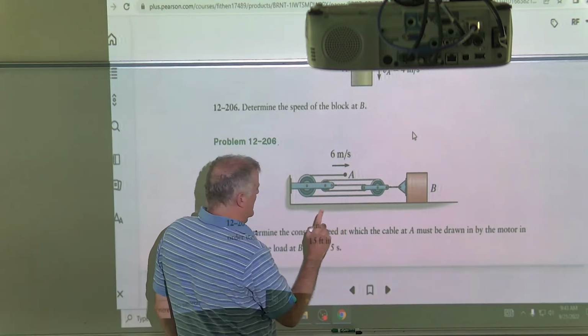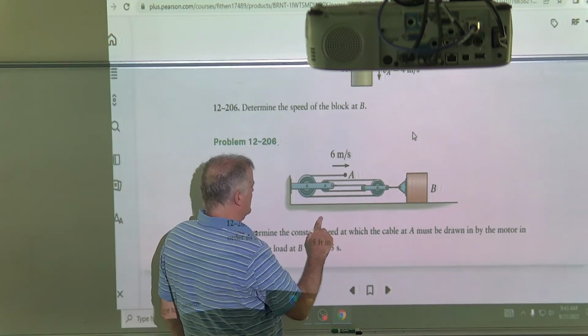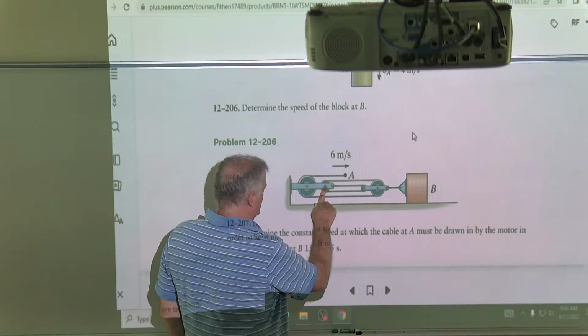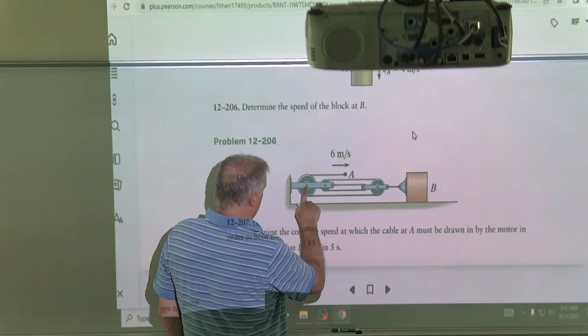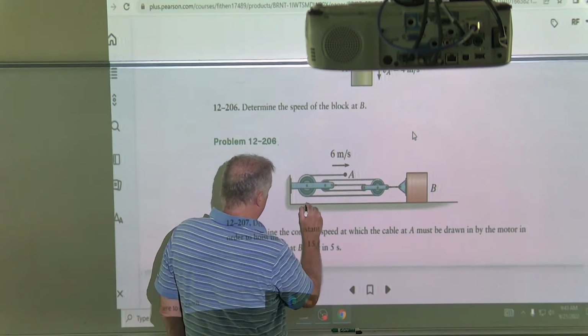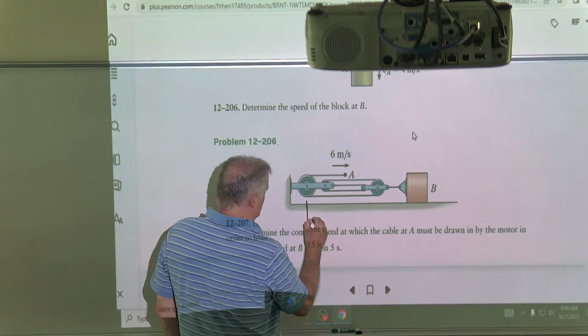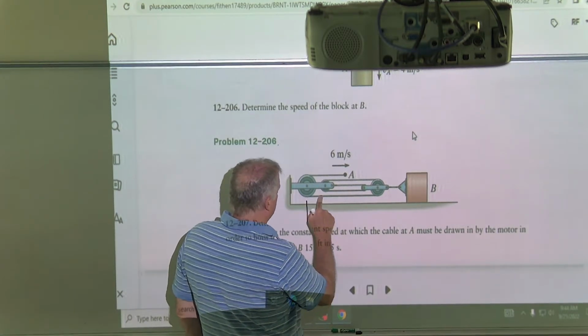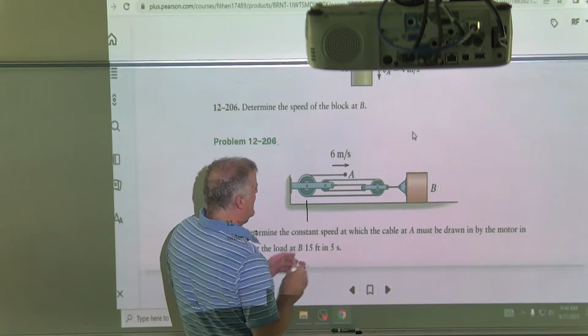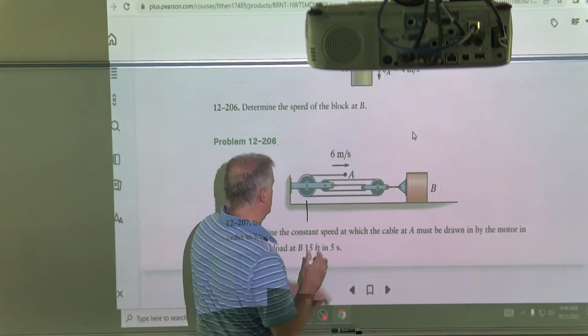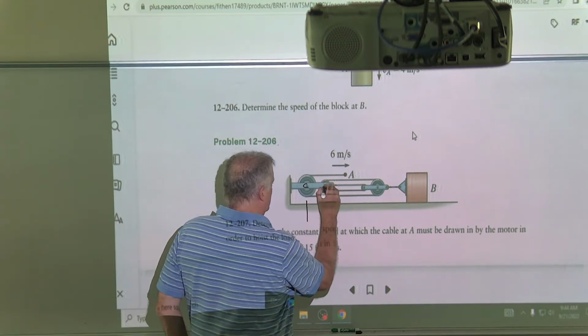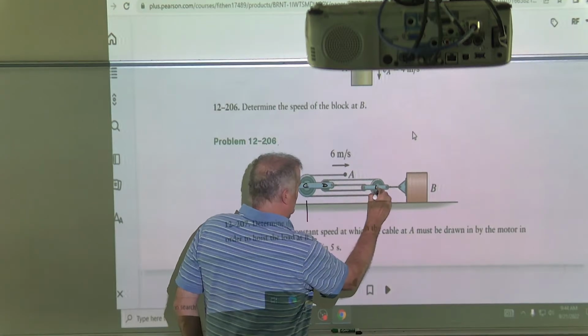But I gotta find a datum, something that does not move. I could pick this spot, it doesn't move, or this spot. I think I like this one a little bit better. So now I'm gonna, seems weird. He labeled A and B, but he didn't label C or D or E.